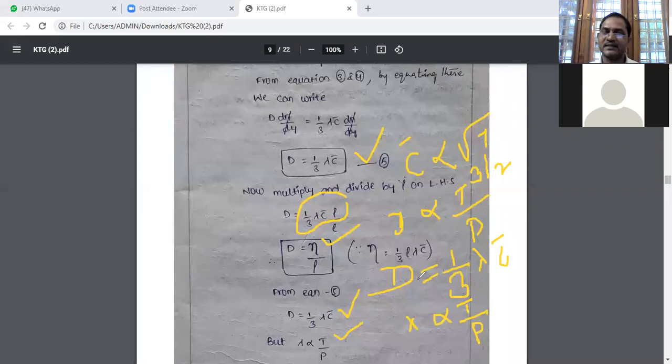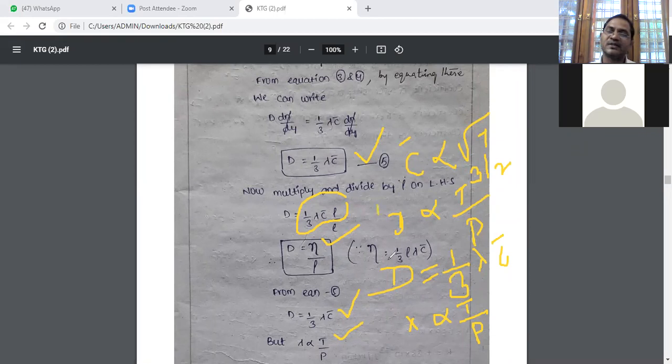Therefore, D is directly proportional to T power 3 by 2 and inversely proportional to pressure.